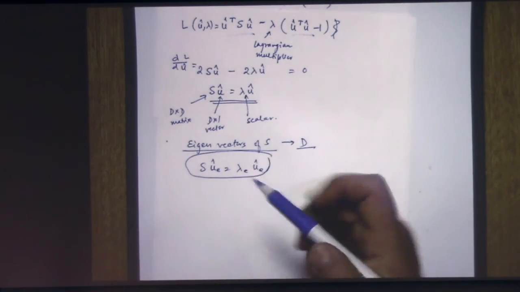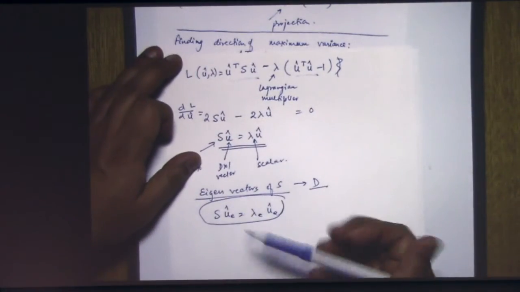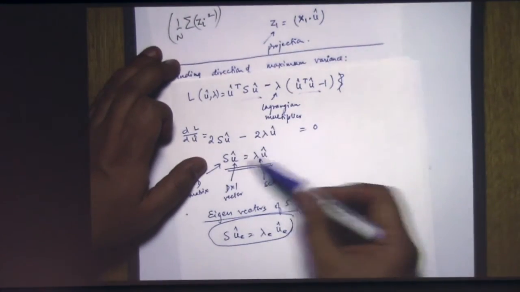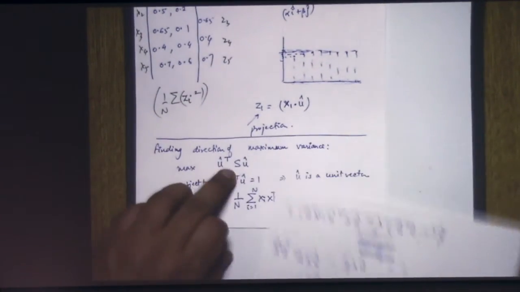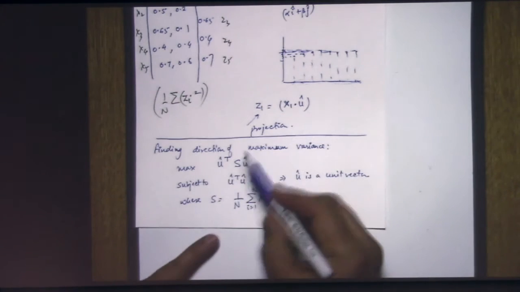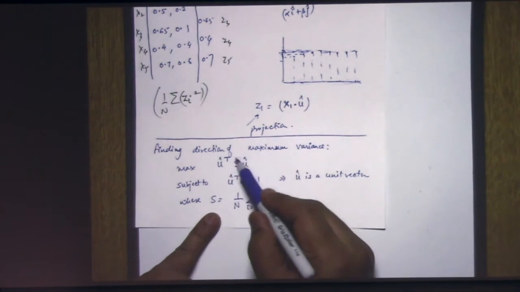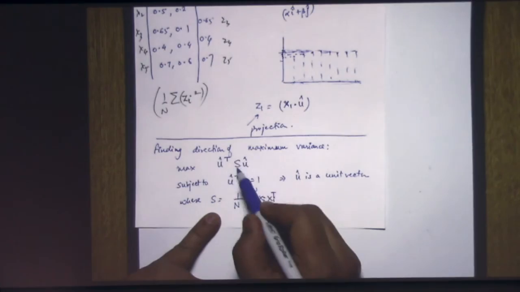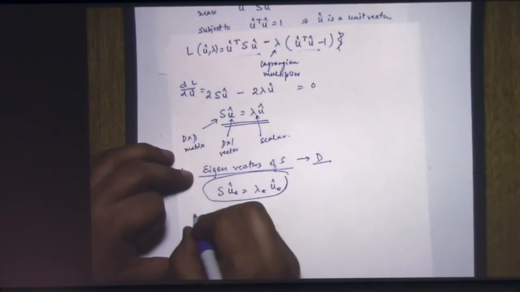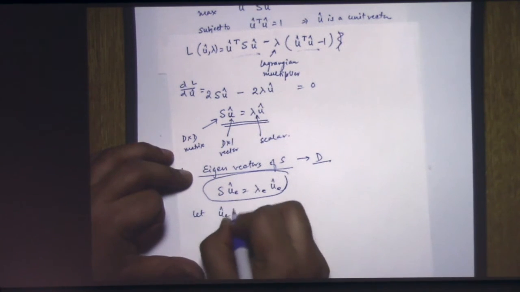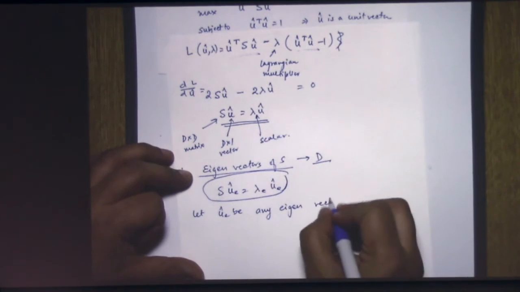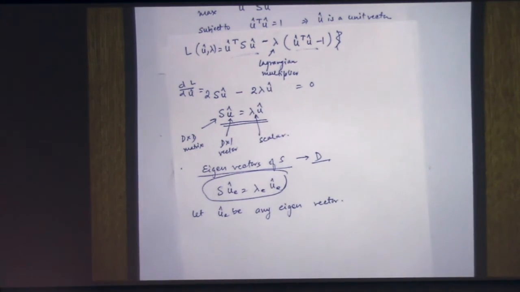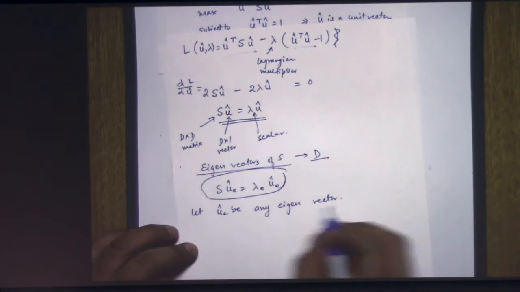If you go back and see here, if you put U as the eigenvector which satisfies this, then SU will be lambda U, so it will become lambda times U square. So let UE be any eigenvector, because there can be d eigenvectors. What we are trying to say is which one is the best answer.